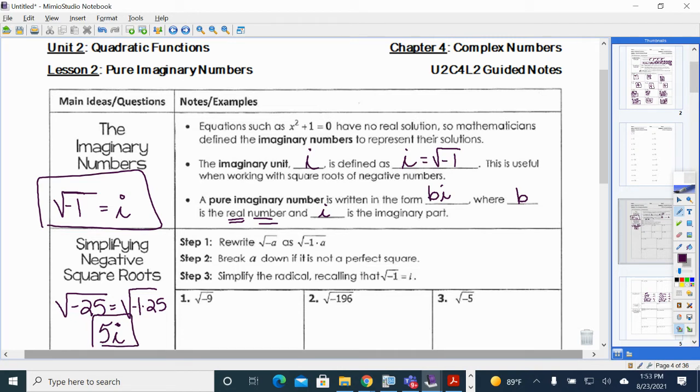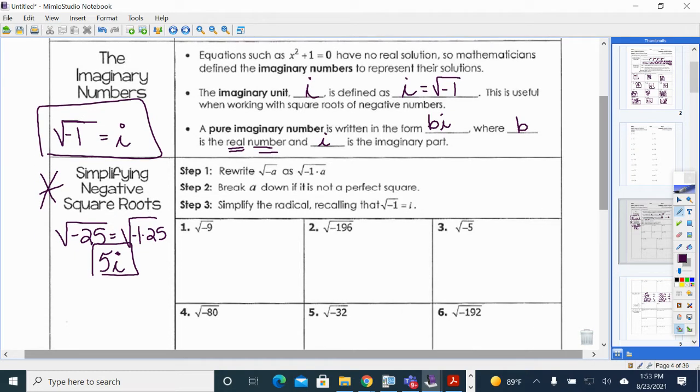When we simplify negative square roots, in this next section of our notes, step number 1 says rewrite the square root of negative a as the square root of negative 1 times a. Step number 2, break a down if it is not a perfect square. And then thirdly, simplify the radical, recalling that the square root of negative 1 is i. So let me explain. Number 1 says the square root of negative 9. We're going to rewrite this as the square root of negative 1 times 9.